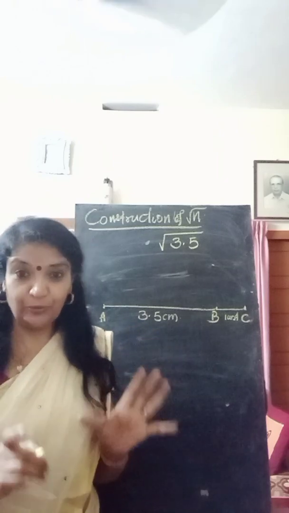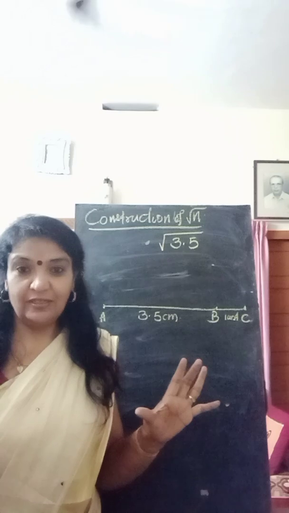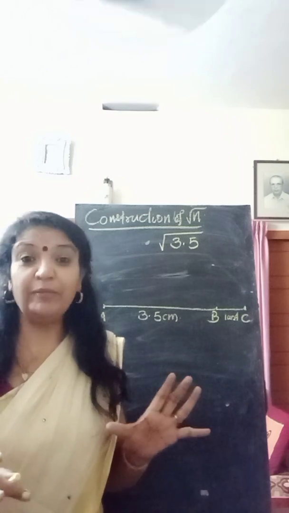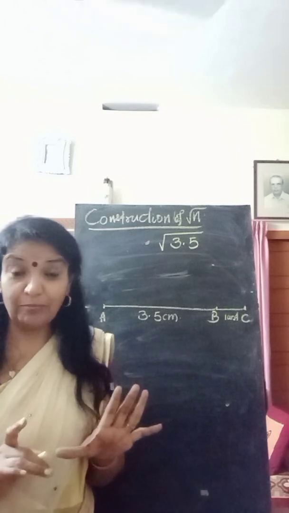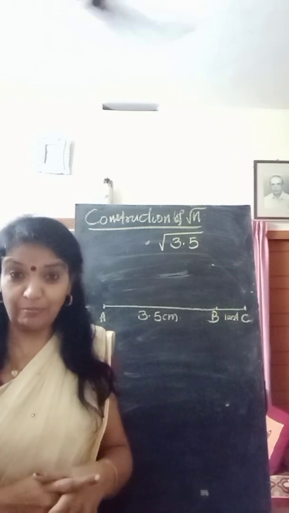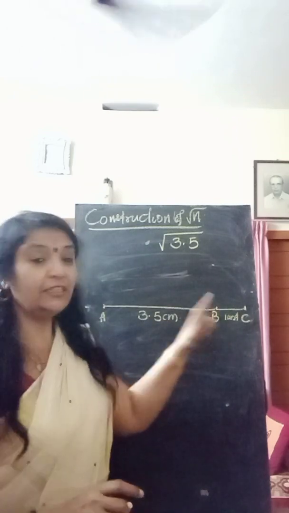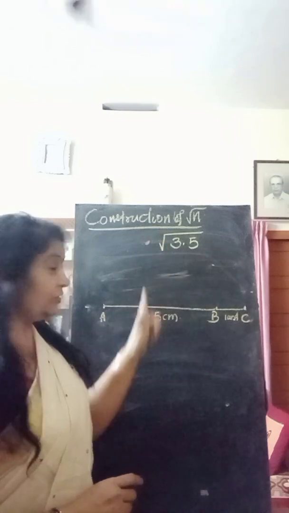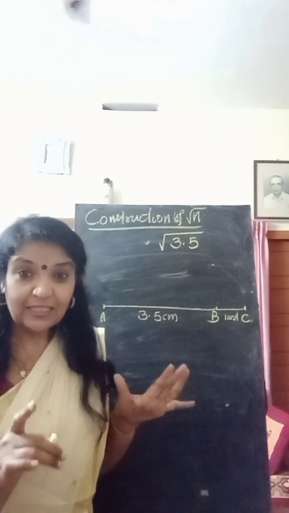Now what you want to do? AC is the new line segment, and construct its midpoint. You know the construction of the midpoint. That is, take more than half the length. Cut an arc on the top and the bottom. Join it. You will get the midpoint.